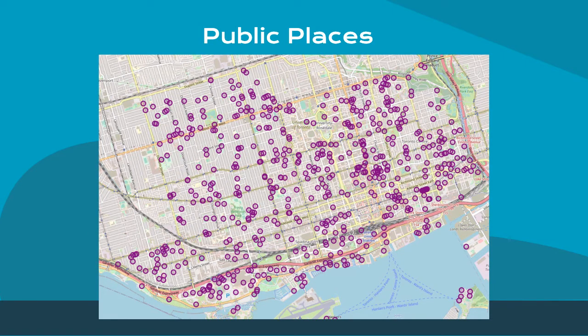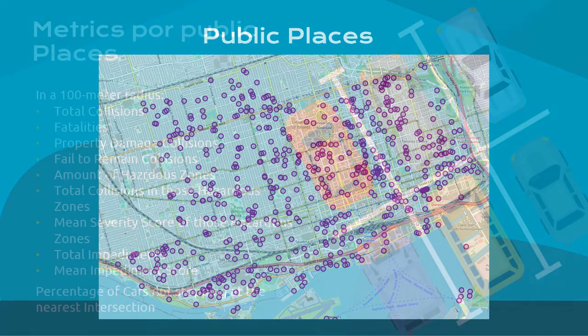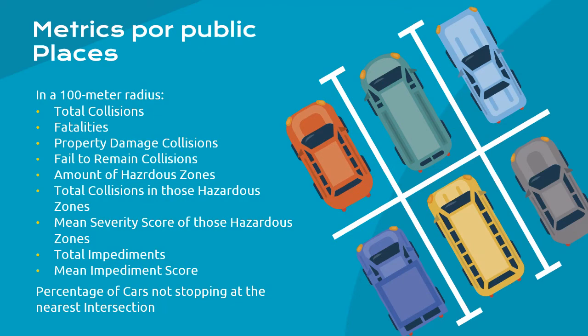Using all these variables, we wanted to classify all the public places in Toronto in order to find the ones which are more prone to have an accident. Due to pedestrians being the ones that are hit the most, all these public places in which they congregate represent a risk for them. So we calculated the following variables for each public place in Toronto in a 100-meter radius.